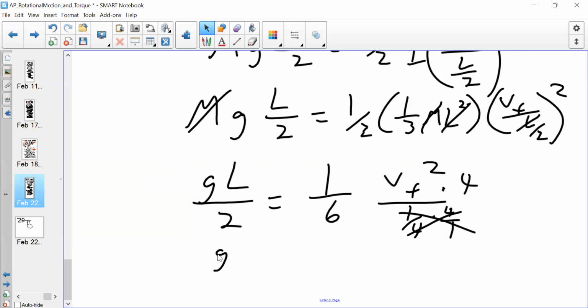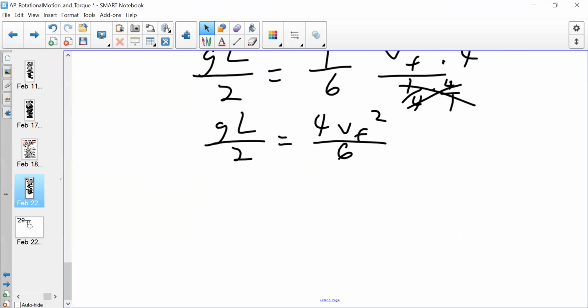So we have GL/2, and that's just 2/3. And then when we reciprocate this, it becomes 3/2. All right, because this is just 2/3.